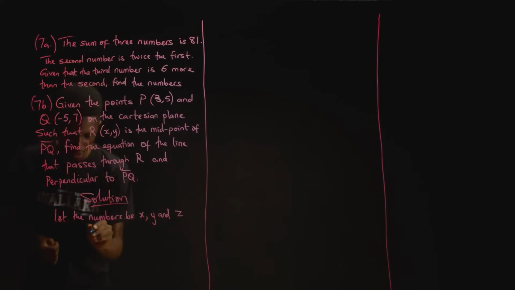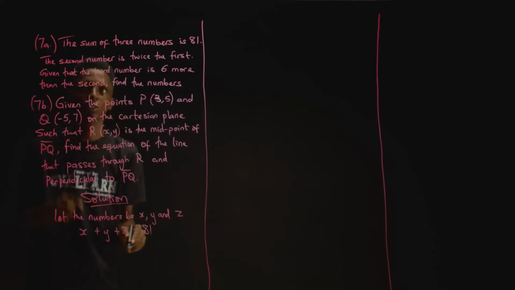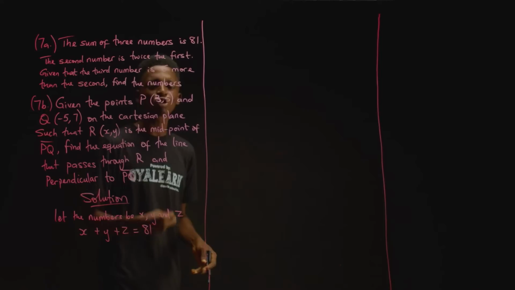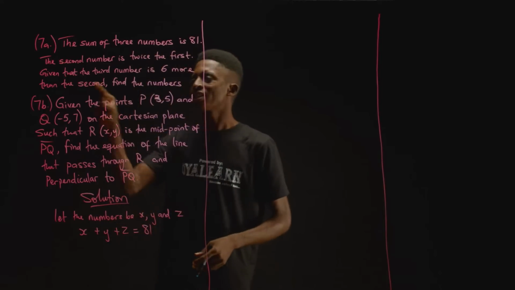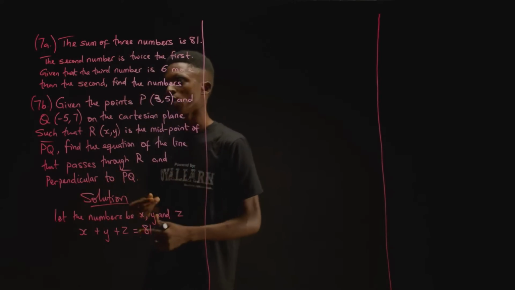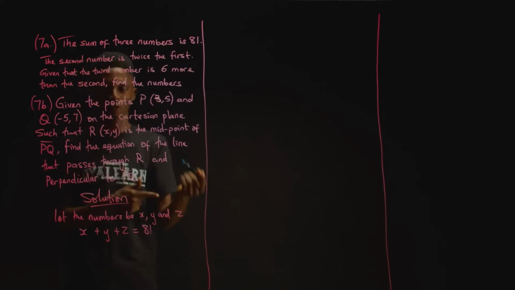And the question tells us that x plus y plus z equals 81. Note it says the sum of three numbers. Now, it then goes on to give us more insight about these individual numbers that are adding up to give us 81. We are told that the second number is twice of the first.